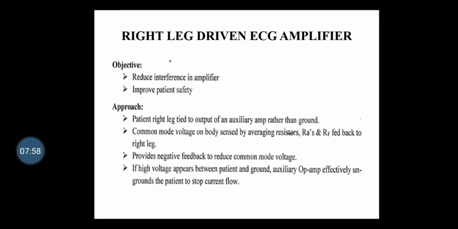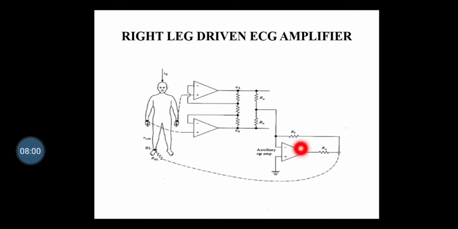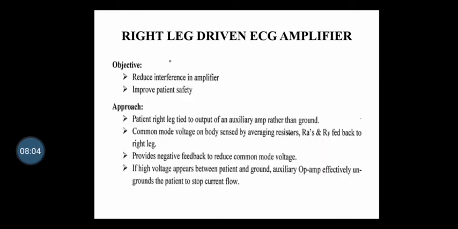In that auxiliary amplifier the right leg will be tied, rather than ground. Common mode voltage on the body, sensed by the averaging resistors RA and RA, and fed back to the right leg, provides negative feedback to reduce the common mode voltage. If a high voltage appears between the patient and ground, the auxiliary operational amplifier effectively ungrounds the patient to stop current flow.